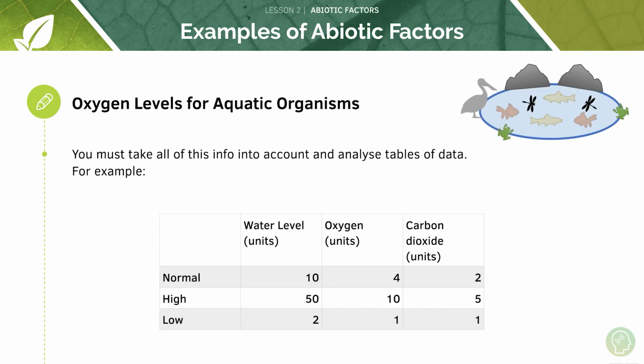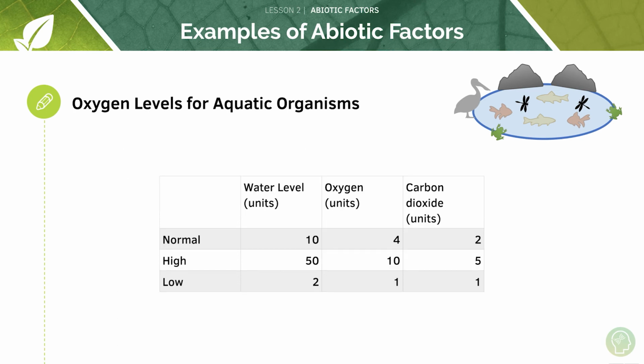In the exam, you might have to take all of this information into account and analyse tables of data. An example is given below. But I do recommend that you go and take a look at past paper questions, because those will be most helpful in practicing this topic.